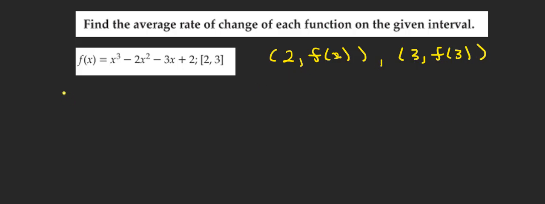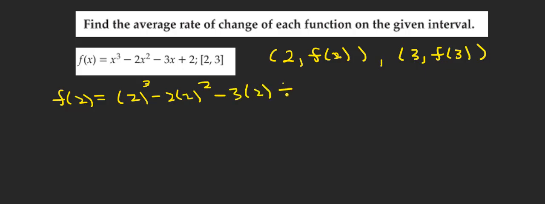So what is f of 2? Well, you got to plug in 2 instead of x. And you get 8, 2 squared is 4, minus 8, minus 6, plus 2. So you get negative 4. What about f of 3?